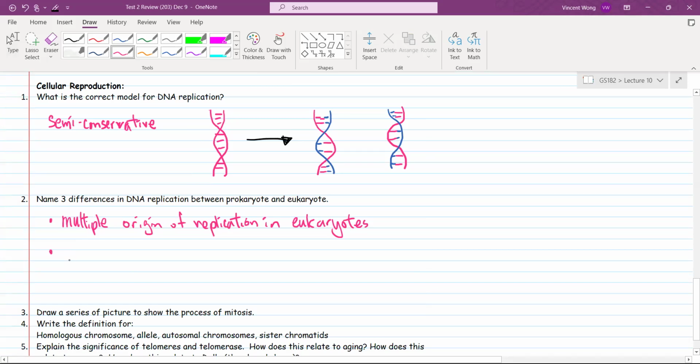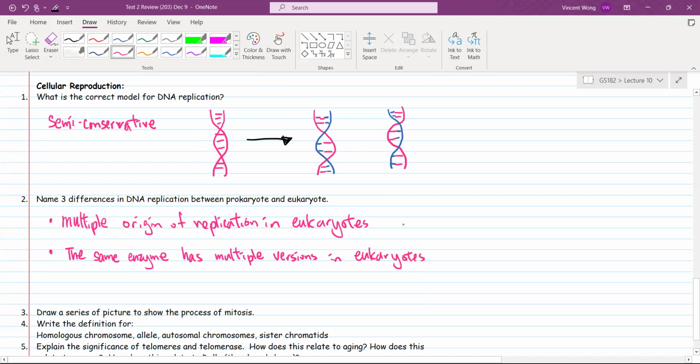A second difference is that the same enzyme has multiple versions in eukaryotes.